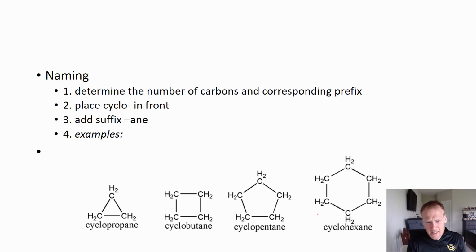When you see one of these, I'd have to show you the picture. All you'd need to know is count the carbons and put cyclo in the front. So this has 3 carbons, 1, 2, 3, cyclopropane. This has 4, cyclobutane. 1, 2, 3, 4, 5, cyclopentane. But you'd have to know that it's a ring structure, and I would have to show you a picture.